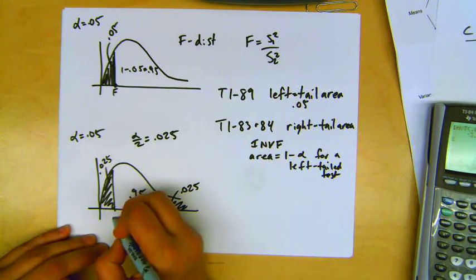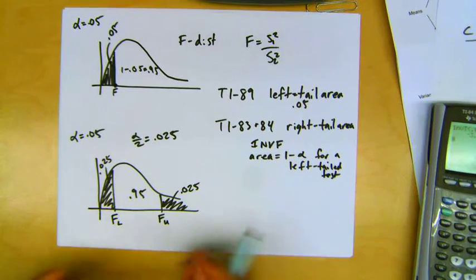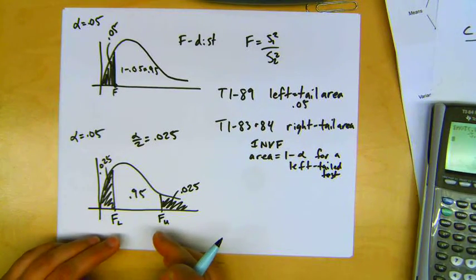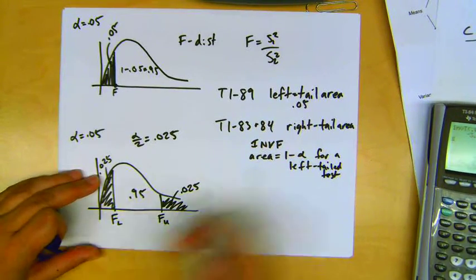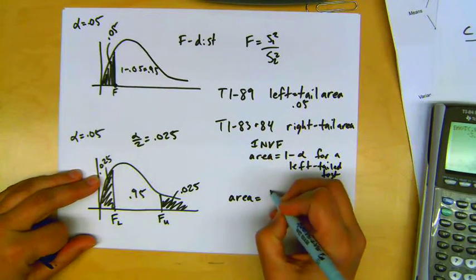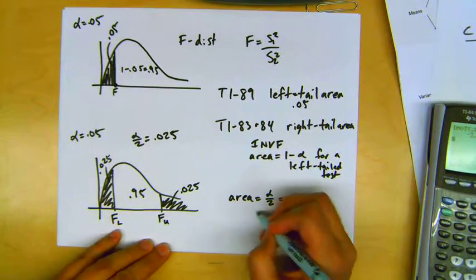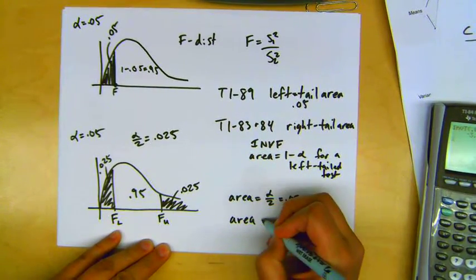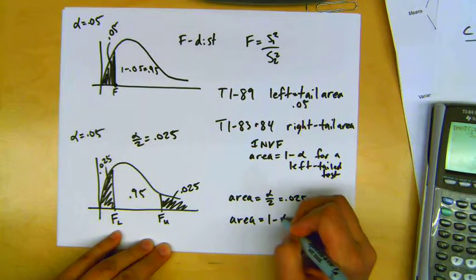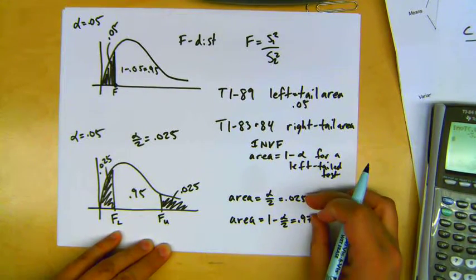So if I'm trying to find this lower F, I'll put an L, and this upper value for F, we need two F statistics. So at one point on one of the calculators, I'm going to have to use an area of alpha over 2. And on the other one, I would run the whole program over again and do 1 minus alpha over 2, or 0.975, so that those two things add up to 1.